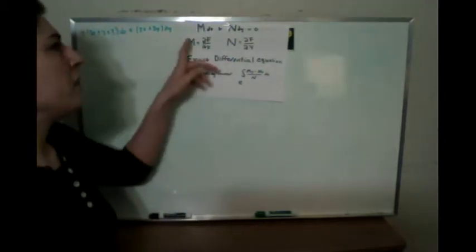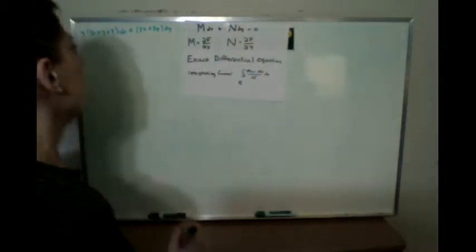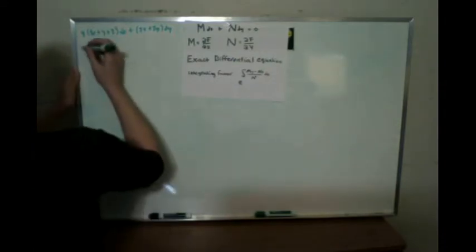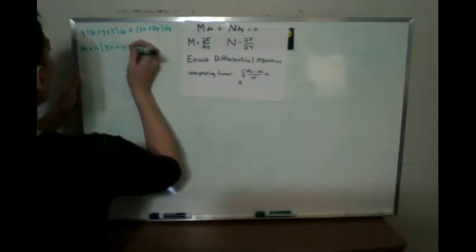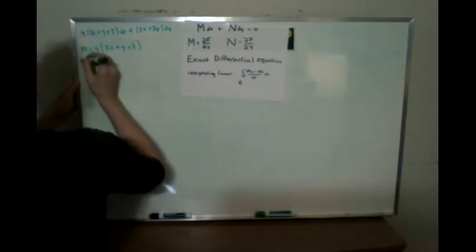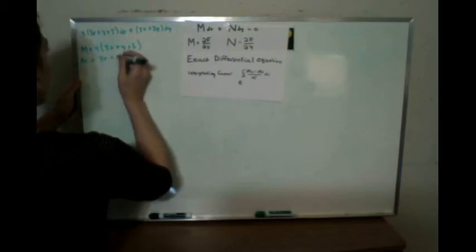First, we identify our functions for M and N. Our M equals y times (3x plus y plus 3), and our N equals 3x plus 2y.